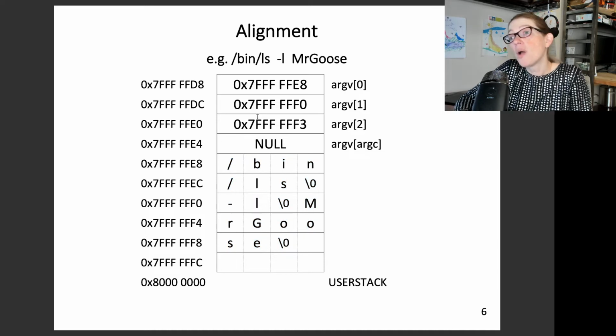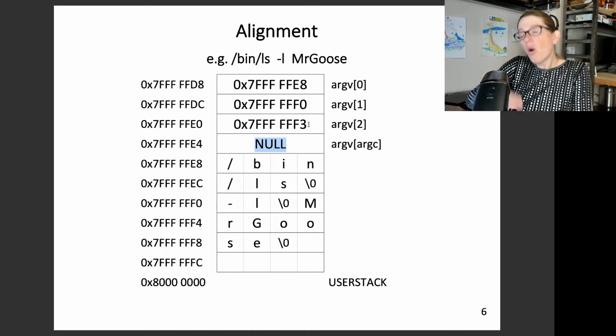And now, above this, I'm going to have all of my pointers to these strings. So there may need to be some space between these 2 if these wouldn't live at addresses divisible by 4. So each of my pointers is going to live at an address divisible by 4, and there's the null to indicate the end of the array.